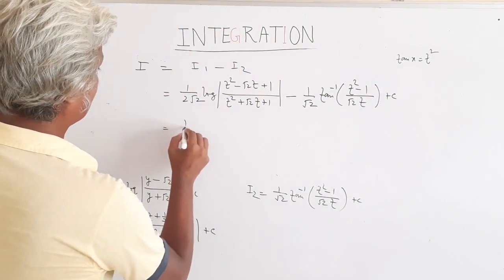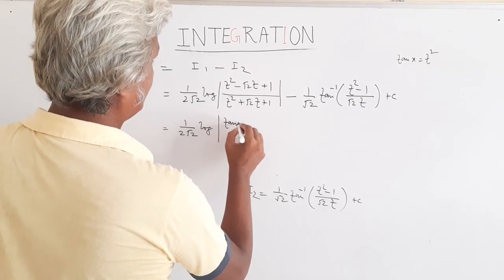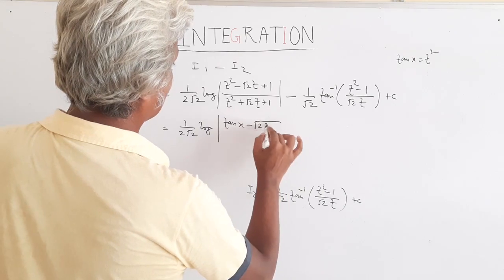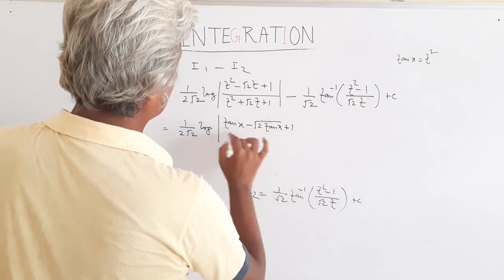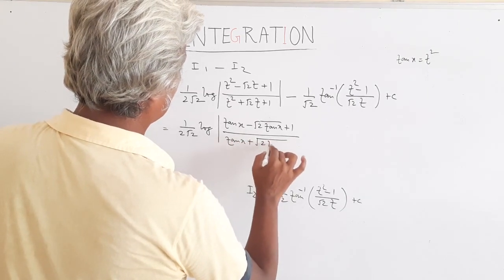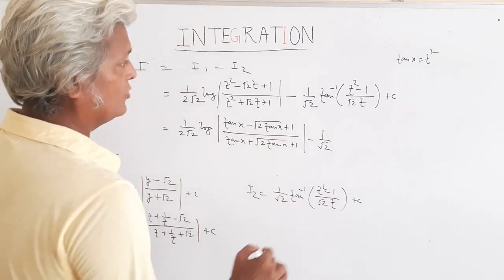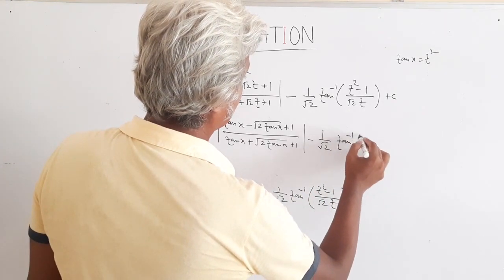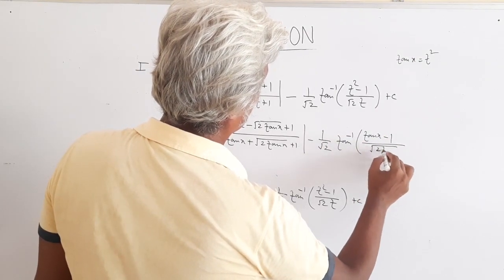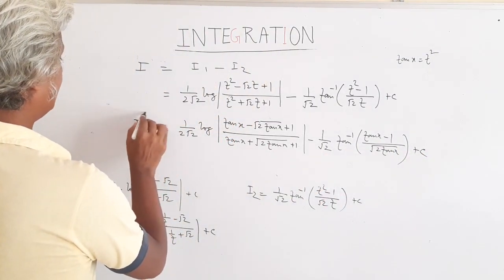So this answer will become 1 over 2 root 2 log mod tan x minus root 2 tan x plus 1 upon tan x plus root 2 tan x plus 1 minus 1 upon root 2 tan inverse tan x minus 1 upon under root 2 tan x plus c. So this is your final answer.